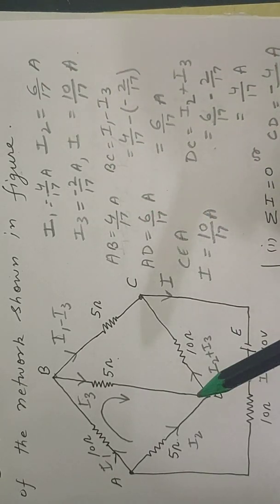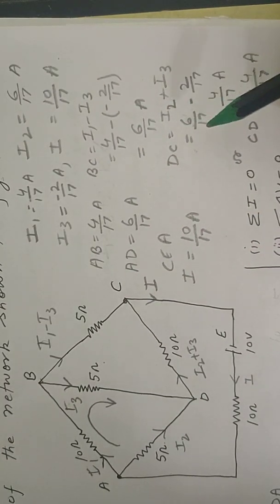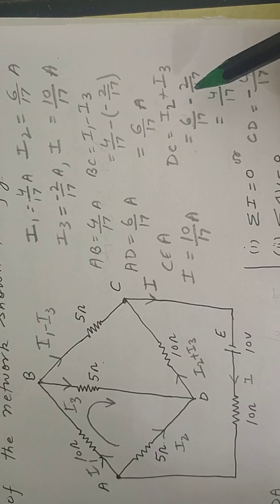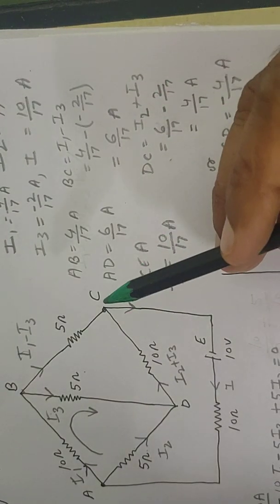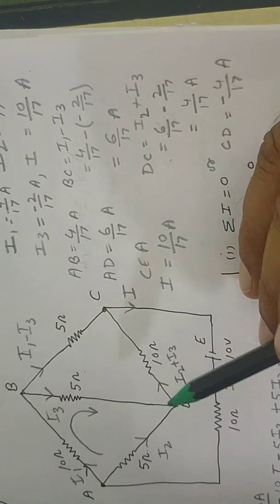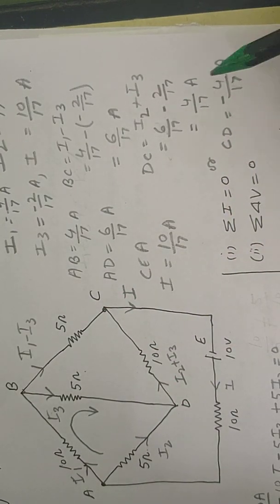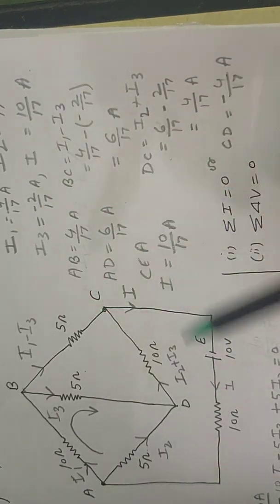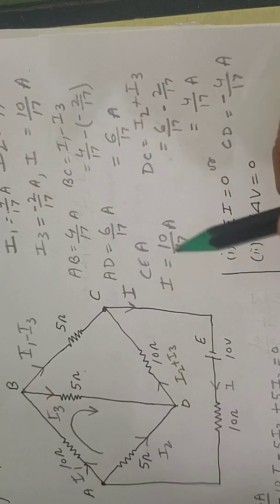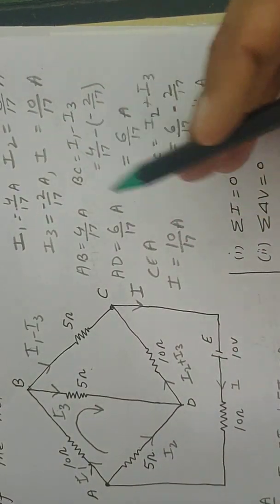In the branch DC, here I2 plus I3 is flowing, so we get 6 over 17 minus 2 over 17, which is 4 over 17 ampere. If we want to calculate the current in the branch CD, we take a negative, so we get minus 4 over 17 ampere. In the branch CEA, current I is flowing, so we get 10 over 17 ampere. Answer.